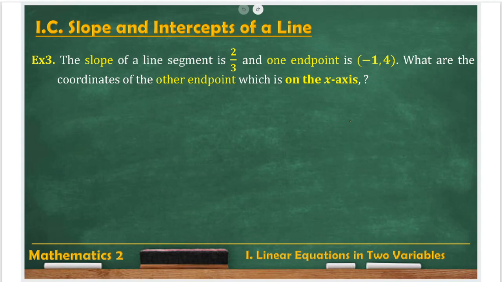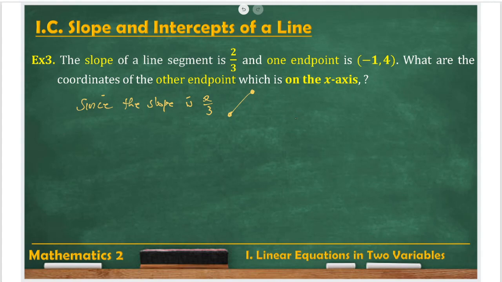Since the slope is equal to 2/3, which is positive, we should know that the line is inclined to the right. Or since it's a segment, the segment should look like this. Okay, so it is inclined to the right.